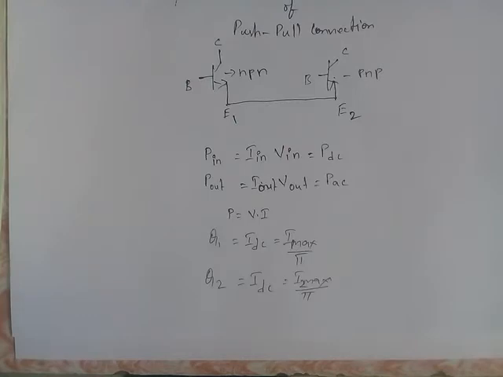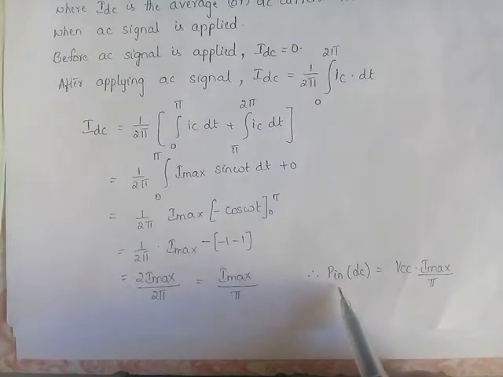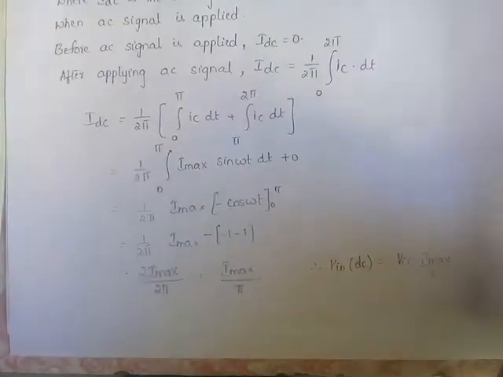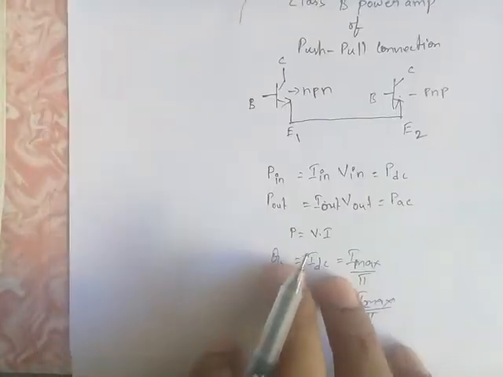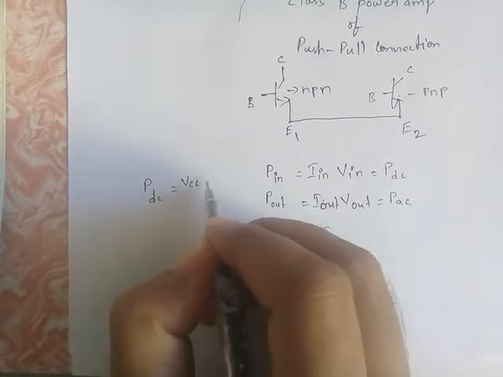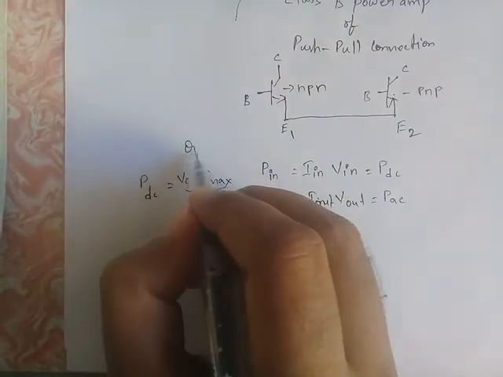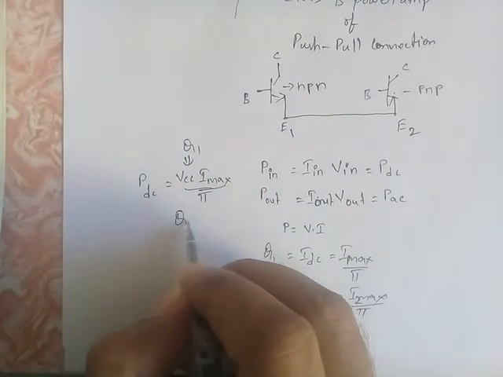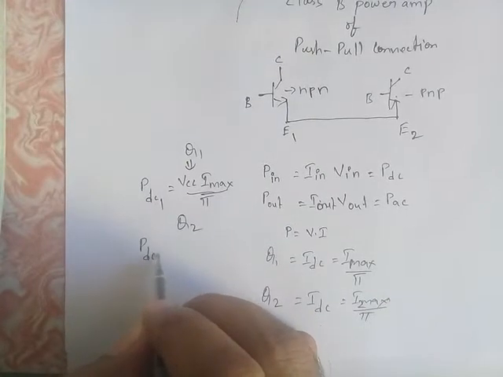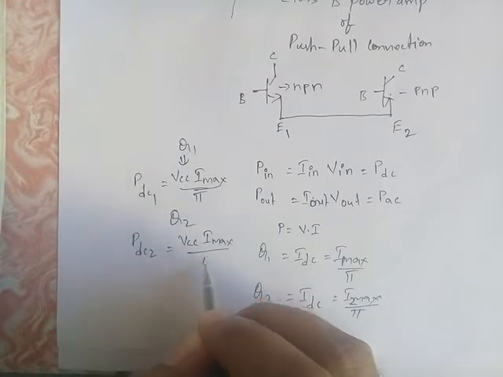But what changes do we have to make here? We have already calculated power in the class A power amplifier for the DC analysis: P in DC is equal to VCC into I max by pi. So P DC is equal to VCC into I max by pi, and this is only for the Q1 transistor. For the Q2 transistor also we get PDC2 equal to VCC into I max by pi.